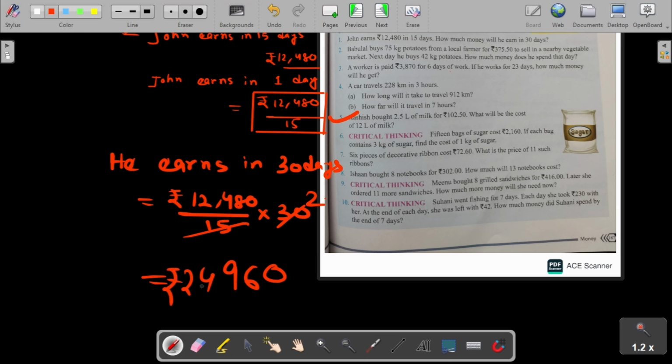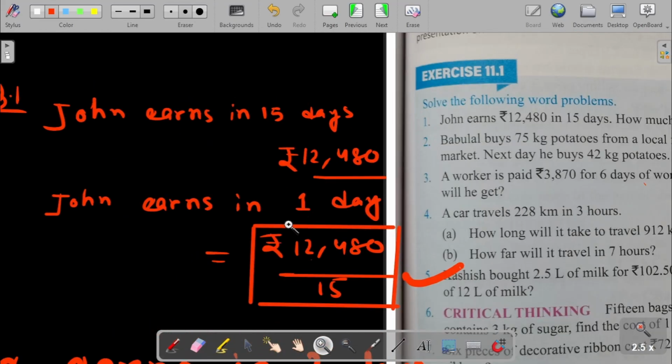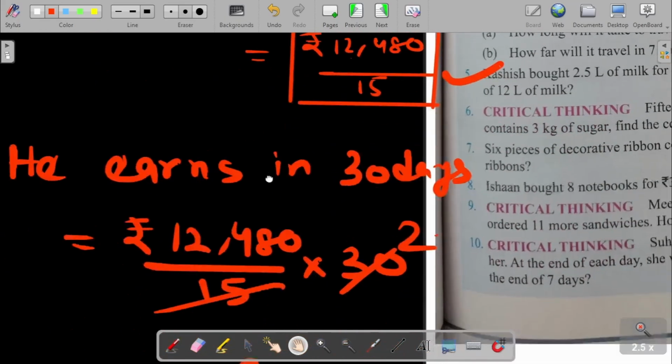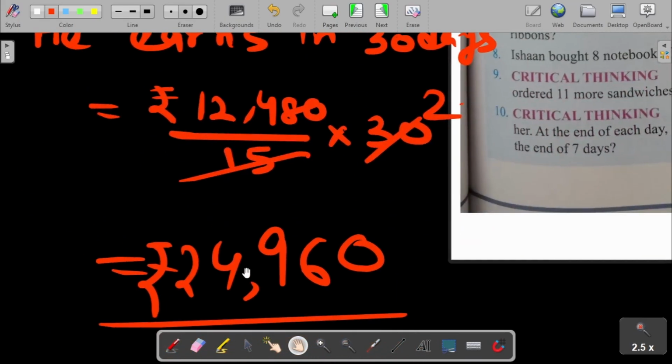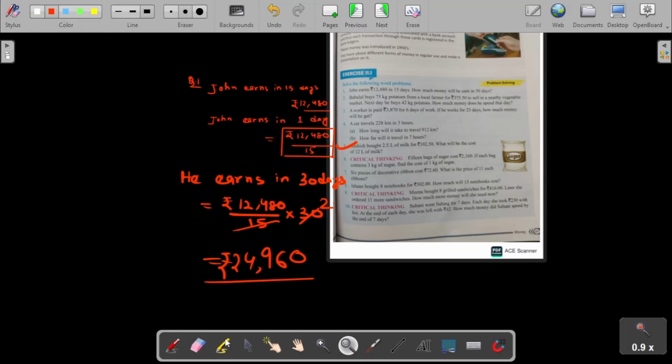So 24,960. So if John earns 12,480 in 15 days, he earns in 30 days how many rupees? 24,960 rupees. Understood?